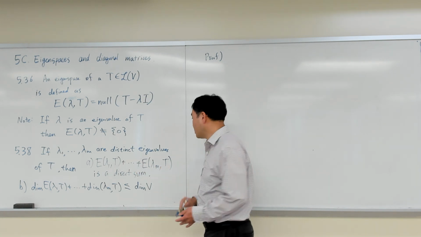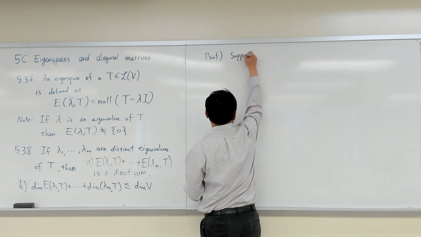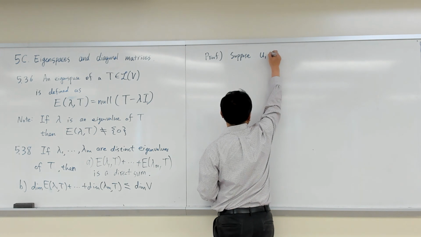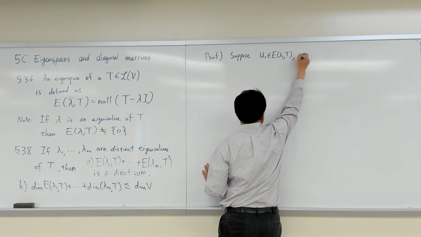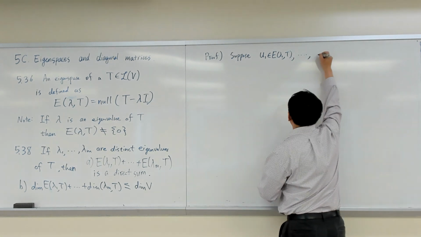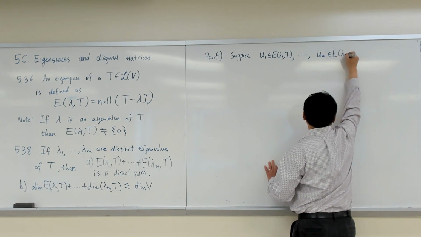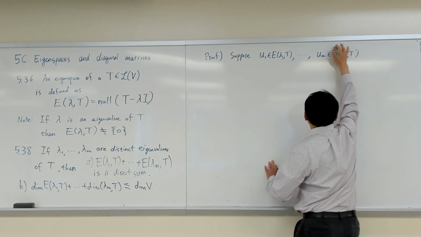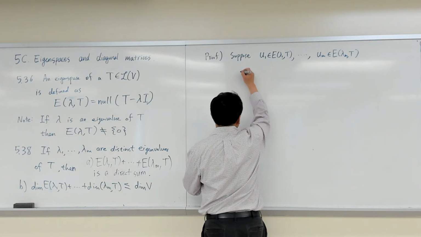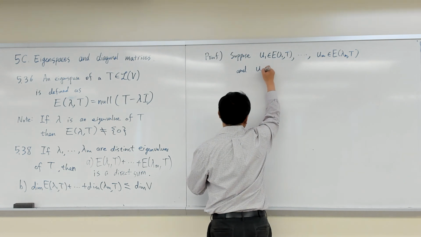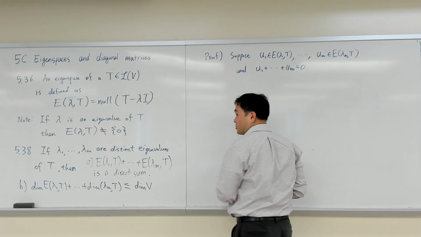Okay, so suppose u1 is from E of lambda 1, T until um is from E of lambda m, T. And u1 plus ... plus um is equal to 0.